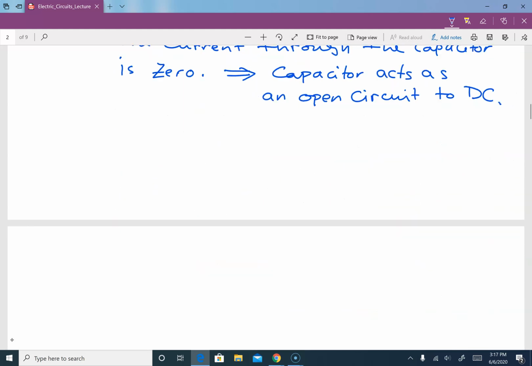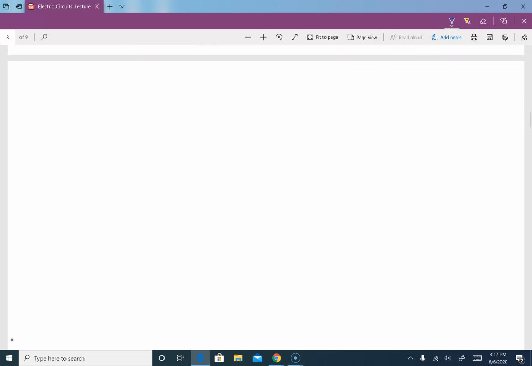So let us go over an example over here to see how we can get a current waveform from a given voltage waveform.